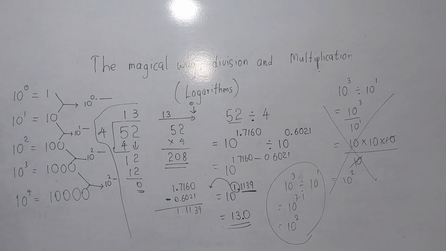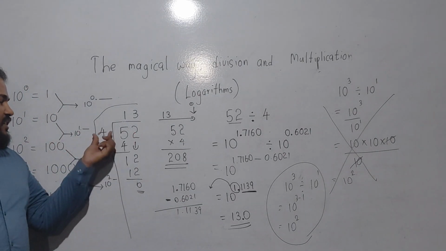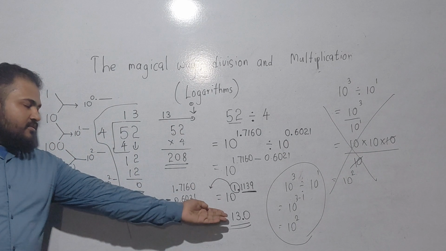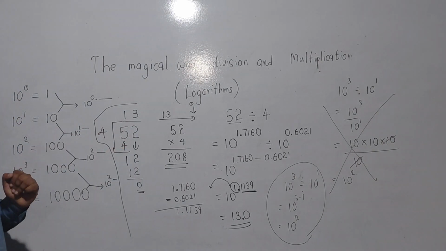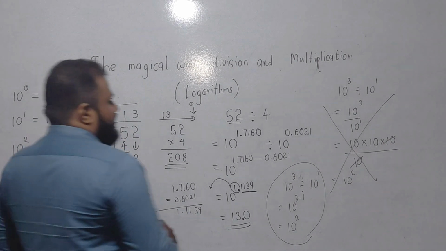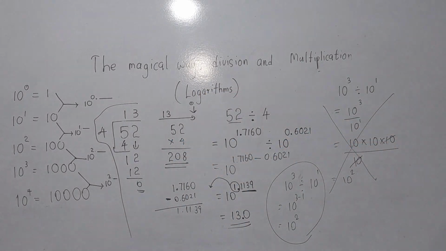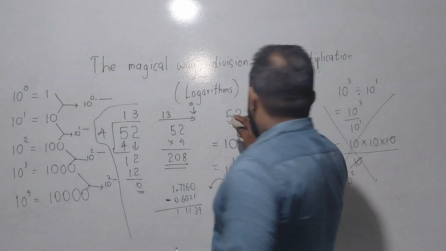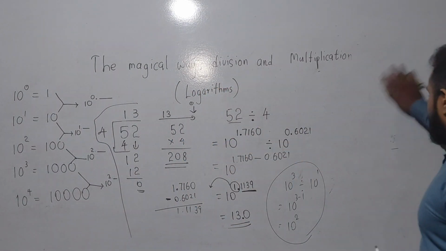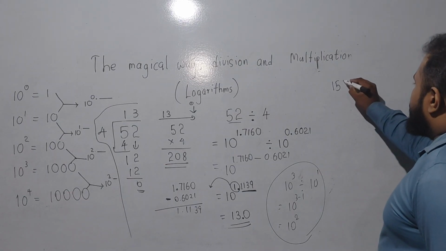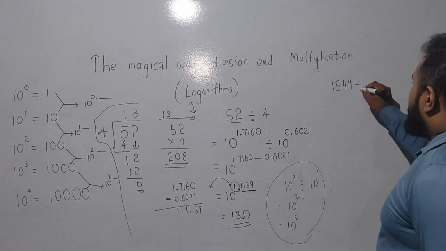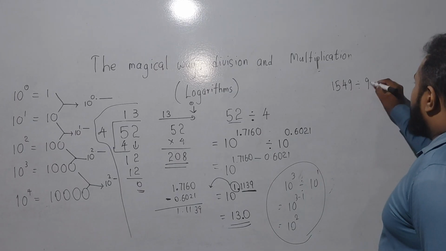Now you may think, when we have this method to divide like this, why are we doing this? It's actually not for these simple questions. Think you have been given a question like 1549 divided by 972.